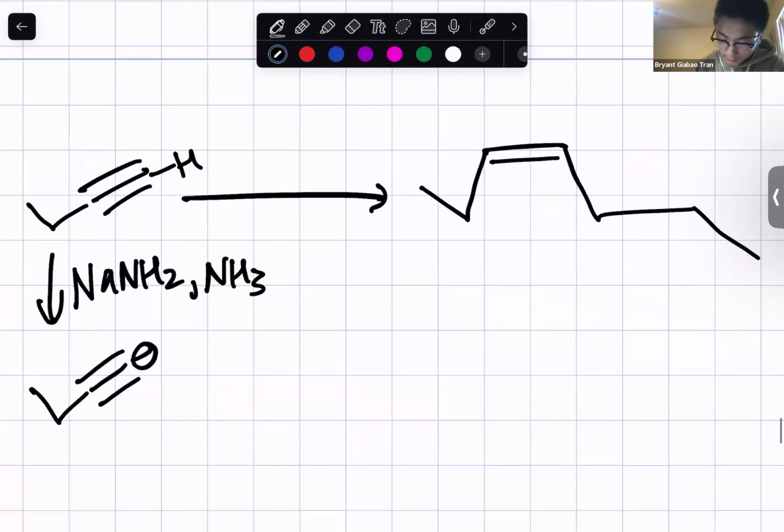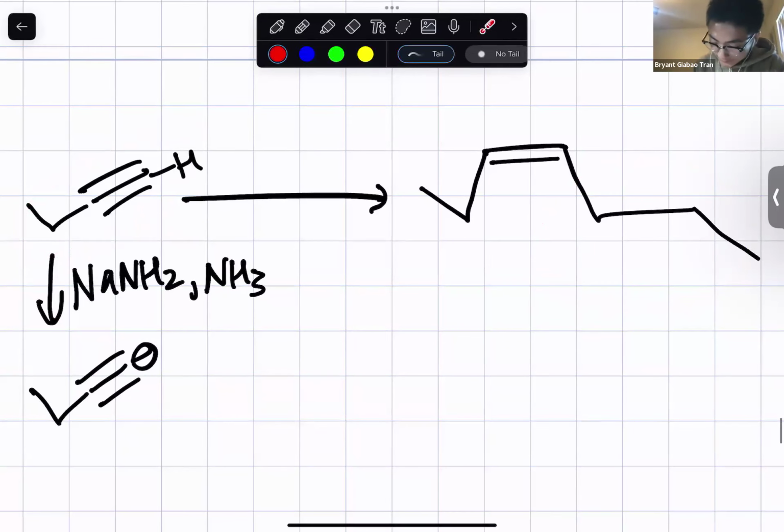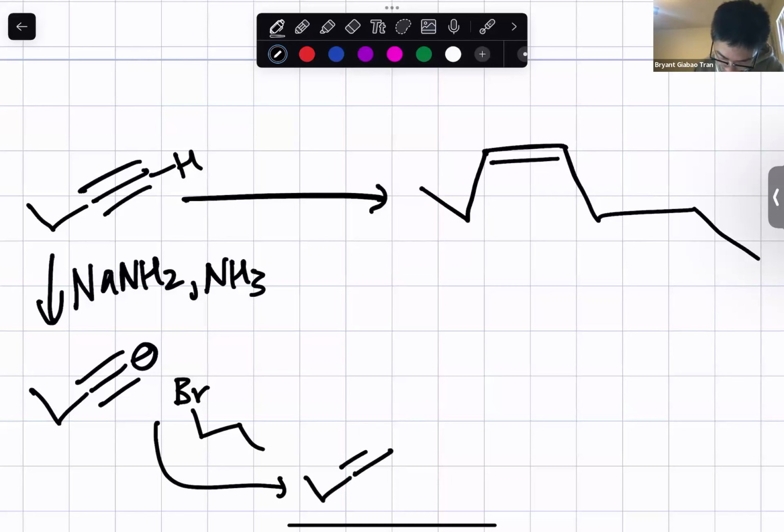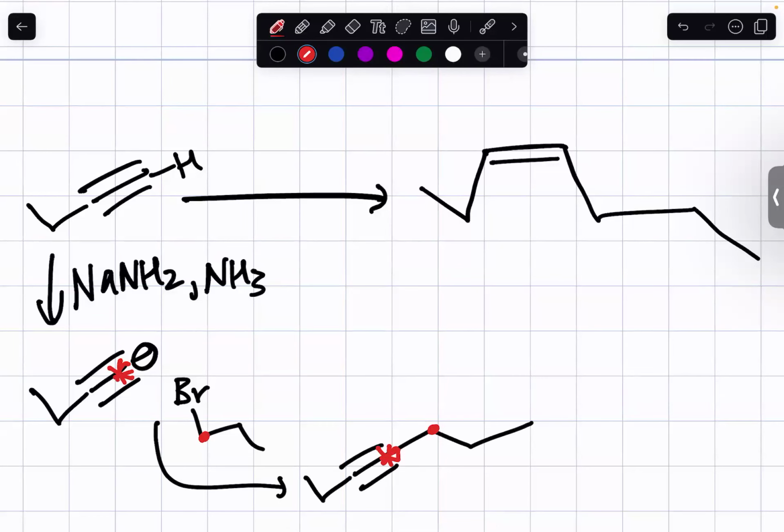Now, what kind of electrophile? It's basically just this R group with a good leaving group, like bromine, right? Which will attach that R group there. Does that make sense? Yeah. Okay.